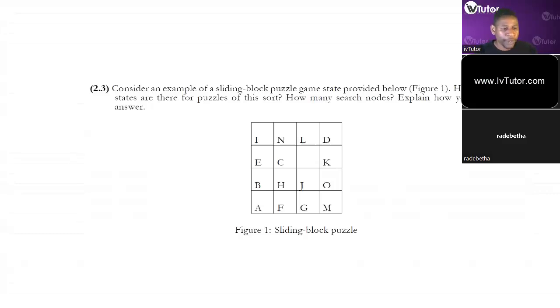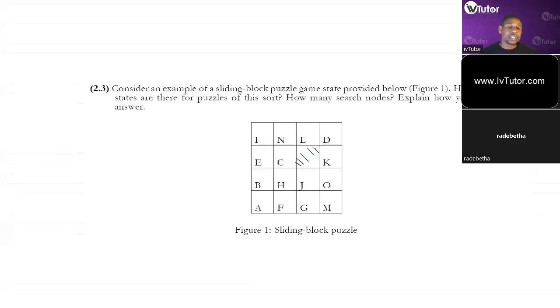Right, so what are they saying? How many search nodes? So it's a sliding block puzzle. Right? What are the options? How many search nodes can you have? Normally a sliding block puzzle, you're going to have one open space here, and you're supposed to move everything to make a word, arrange it in some sort of way, right?